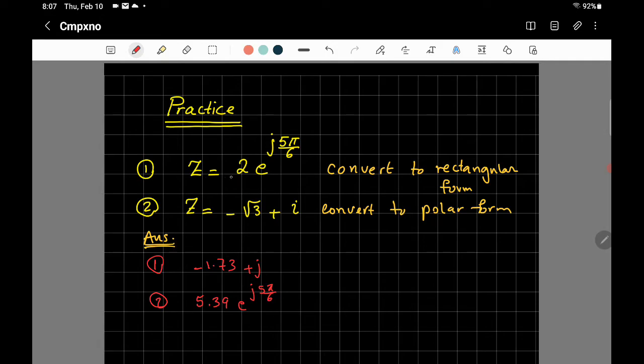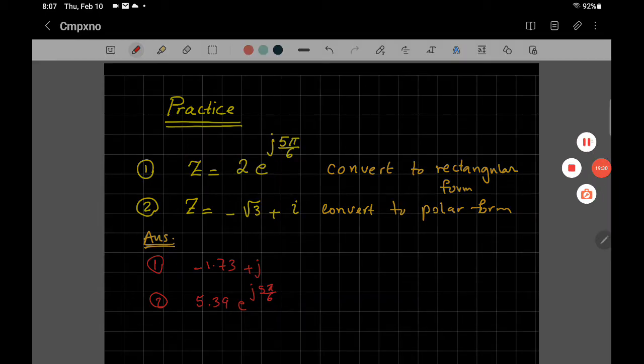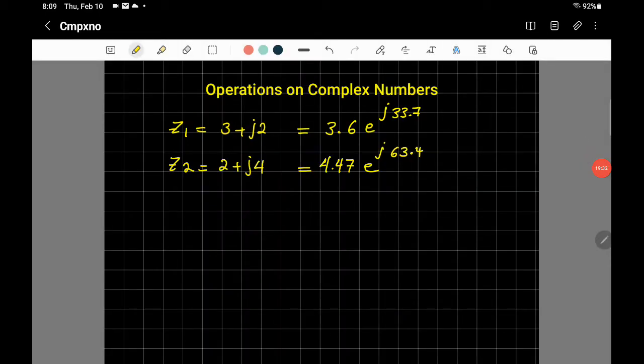You have here in yellow the problem, and you have here in red the answer. So check yourself before we move to the second point. We'll go back. Okay, after you practice how to convert complex numbers from polar form to rectangular form, and from rectangular form to polar form, let's now start how to perform the basic operations on complex numbers.